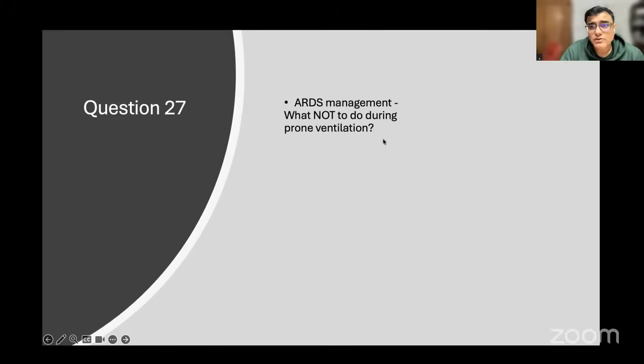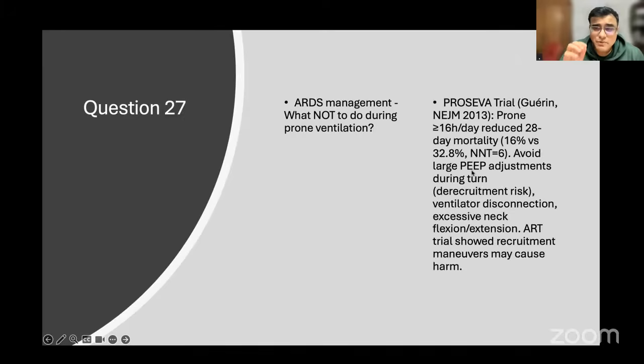The PROSEVA trial had shown us that proning for more than 16 hours per day reduced 28-day mortality. One of the best trials done in critical care. They did not do large PEEP adjustment during the proning, right? Because it had de-recruitment risk.